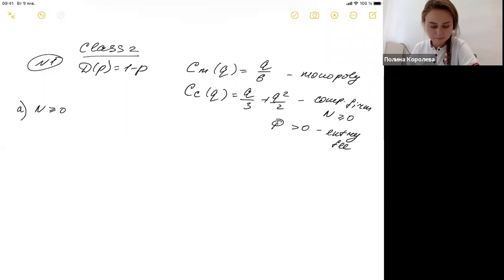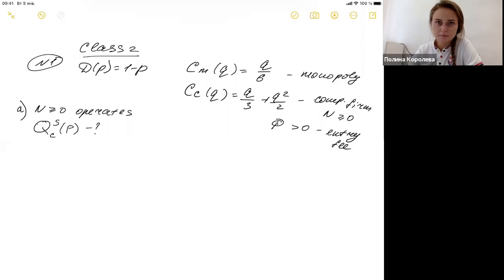So market supply, first of all. Q_S for competitive firms. So how to find market supply of firms? We need to find individual supply of each competitive firm.